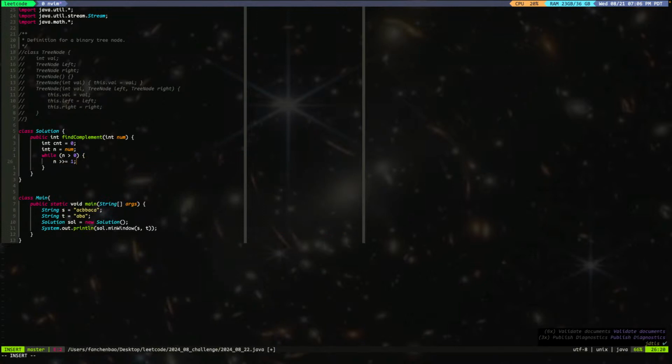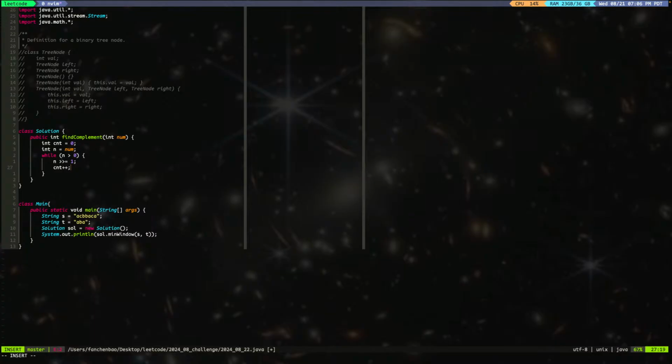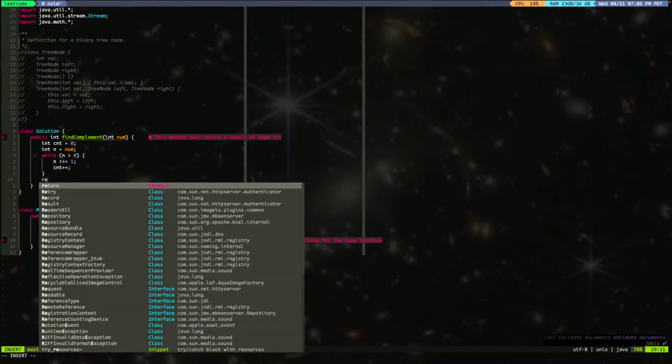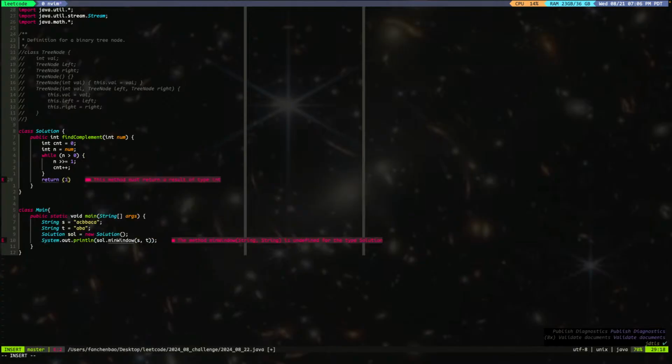Right shift and then count plus plus. Alright, and then this will give you a count, and then we can return 1 left shift count minus 1.